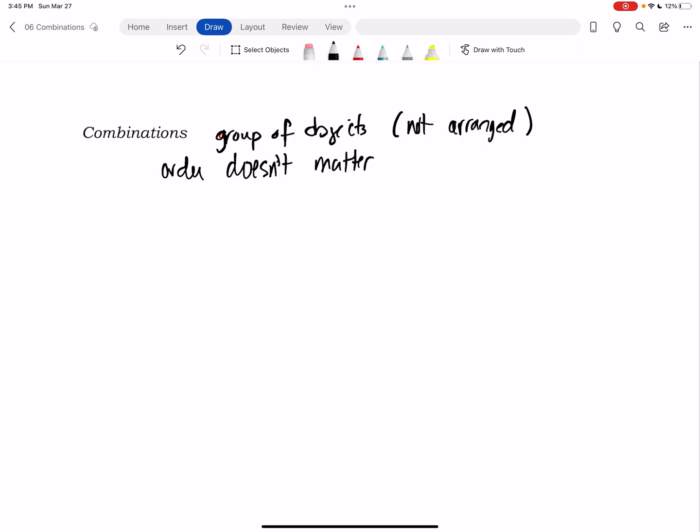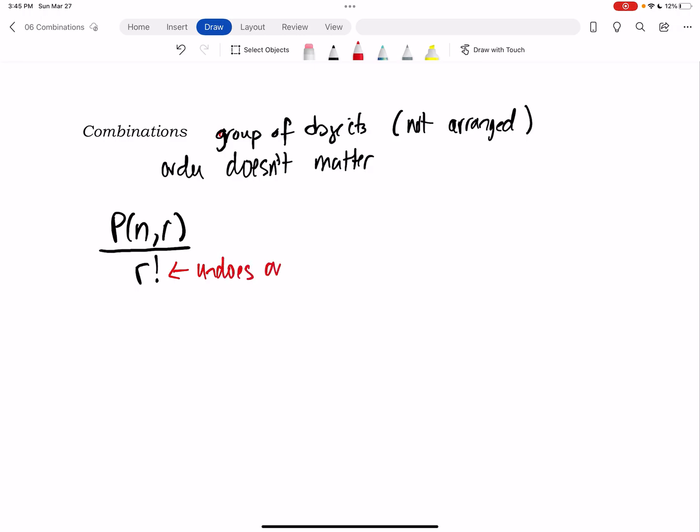And so what you want to think about is that if you know how many ways there are to arrange a particular number of objects, then to find out how many ways there are to just select a group of them, you divide by r factorial. And the reason you do that is this undoes the arranging part.